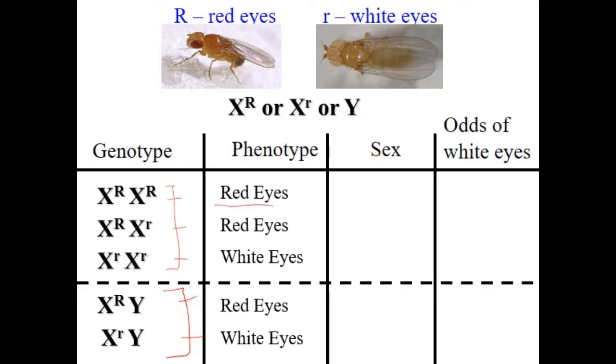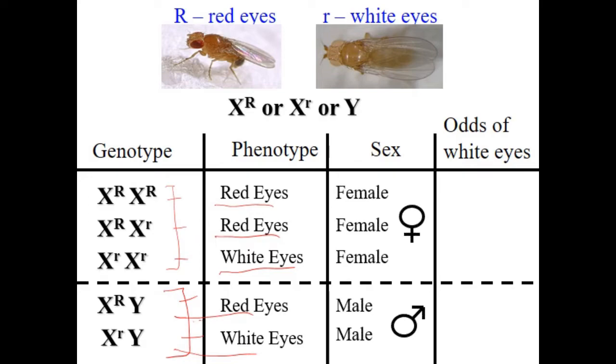The phenotype for each of these, well, this first one would be a female with red eyes, another female with red eyes. This would be a female with white eyes. And then below that, male with red eyes, male with white eyes. And again, the top 3 are all female because they're XX. The bottom 2 are both males because they're XY. But notice again the odds. The odds of getting the recessive trait change depending upon the gender of the fly.